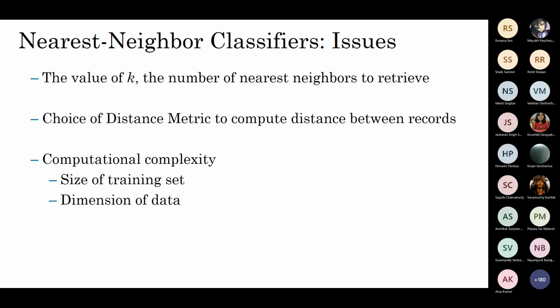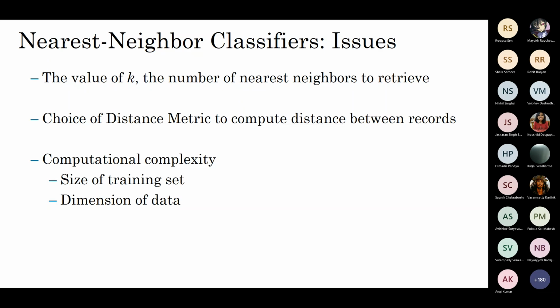And then there are the computational complexity issues, which I briefly mentioned in the last slide. It depends on the size of the training set. And when you are computing the distances between two vectors, it will depend on the dimension of the data. If you're computing Euclidean distance and the dimension is very high, then you are going to take lots of time to compute the distance. So these are the main issues for the k-nearest neighbor classifier.